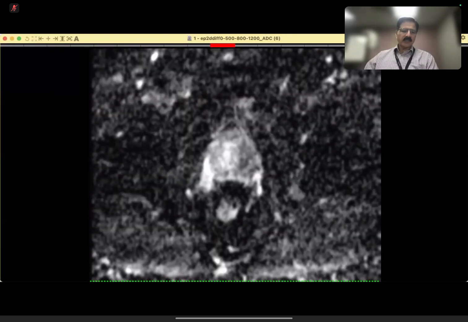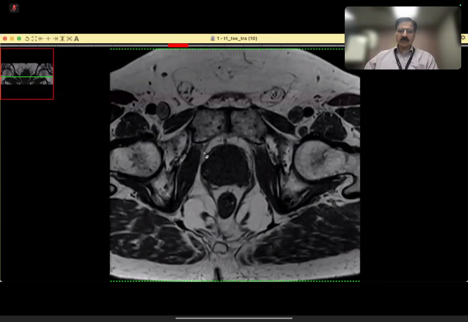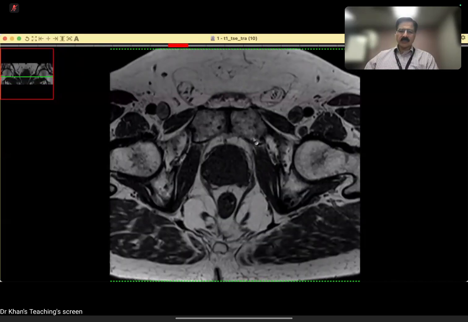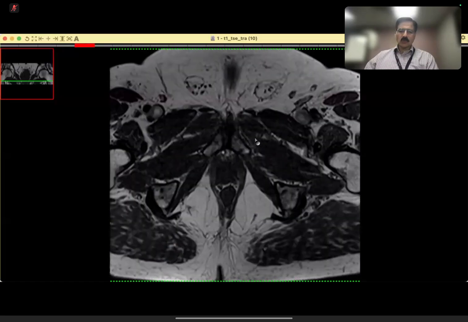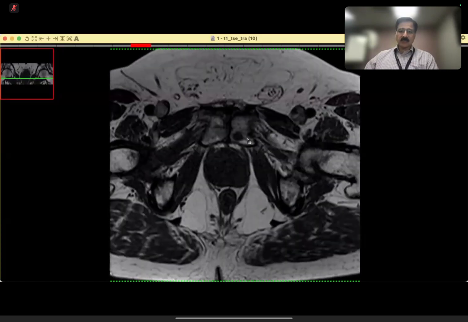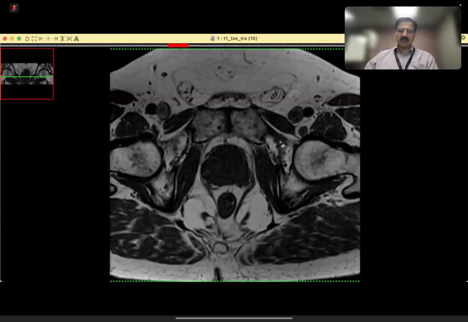And finally, we can look at T1. And on T1, look at these metastases which are low in signal intensity. The formula on a T1 weighted sequence is true for anywhere in the body. Any signal which is lower on T1, lower than the adjacent muscle or lower than the intervertebral disc in spine, that is suspicious.